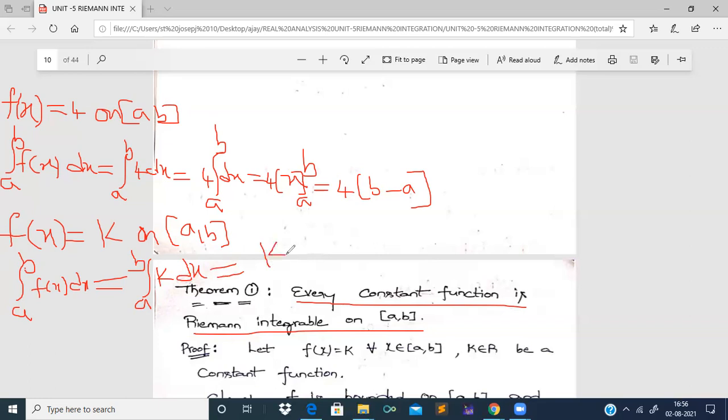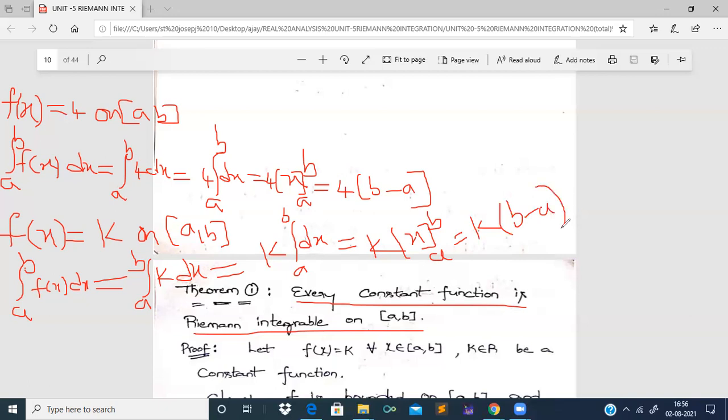K is constant, therefore put it outside the integral symbol. We get k into integral over a to b dx. Integral of dx is x over limits a to b. Therefore, we get k into b minus a.